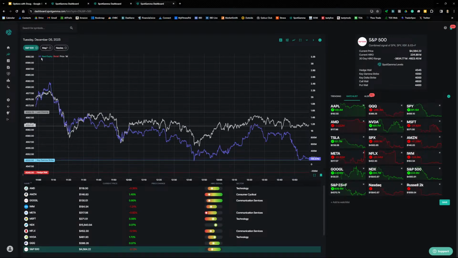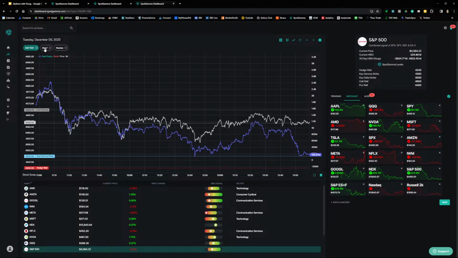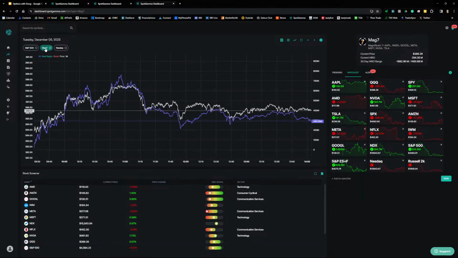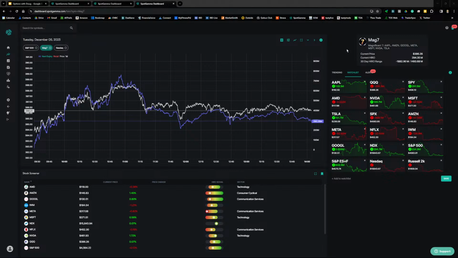Let's take a look at another signal that has a very strong influence on both the S&P 500 and the NASDAQ. That's this Mag 7. This is a combined signal for the stocks known as the Magnificent Seven: Apple, Amazon, Google, Meta, Microsoft, Nvidia, and Tesla.